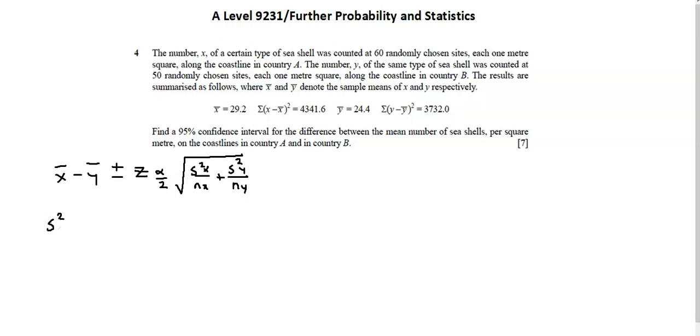The variance here specifically for x is the ratio of the sum that we're given, 4,341.6 over n minus 1. n, reading in the detail, we see is 60. 60 minus 1.